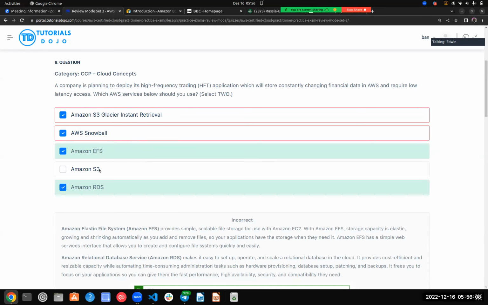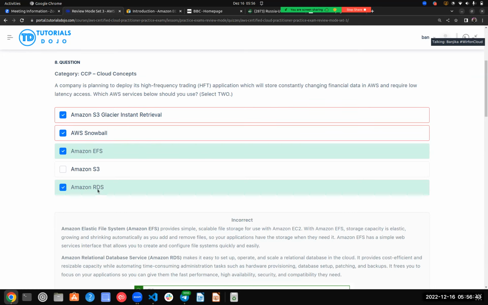It will still be an object storage that is frequently accessed. Sorry? No, I'm talking about the Amazon S3 Glacier. It will still be an object storage. Yes, all of them. So all of S3 is eliminated, right? Amazon S3, S3 Glacier, Instant Retrieval, all of them will be eliminated because they are all for static data. Snowball is already eliminated, so you are then left with just these two.